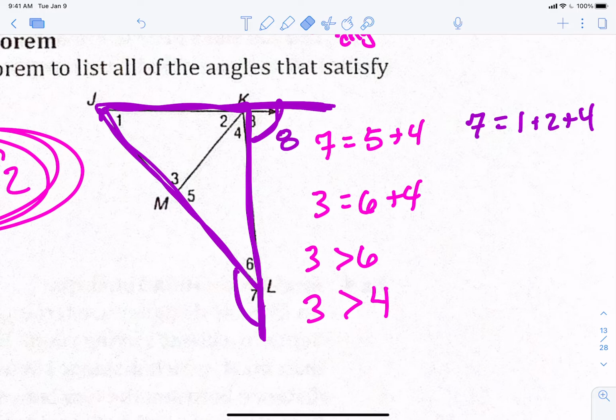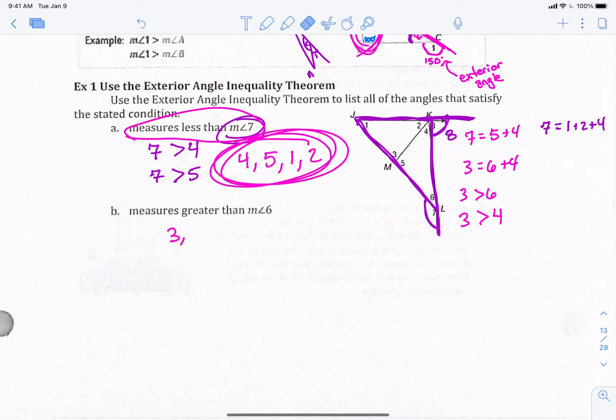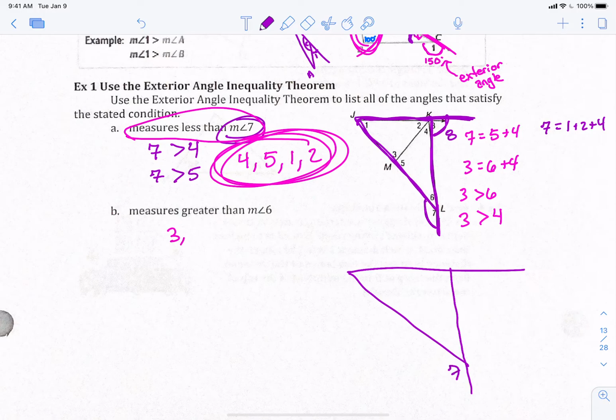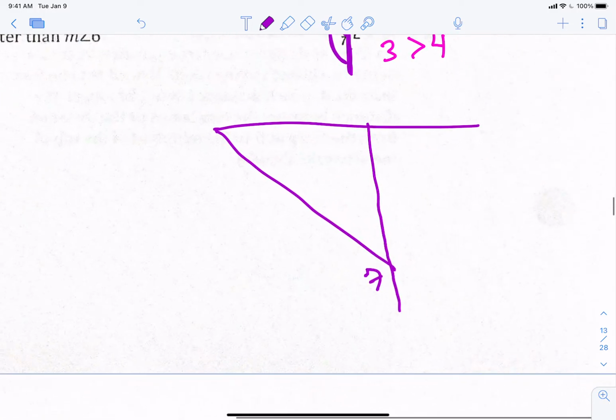So you would add those together to get 7. Why don't you add 3 and 5 into that? Because this line does not exist. Pretend it's fake. 3 and 5 can't exist, they just combine together. I'm not drawing that third line in here.